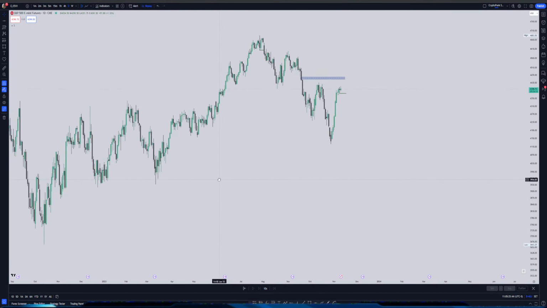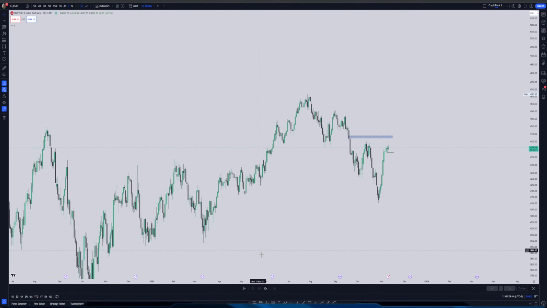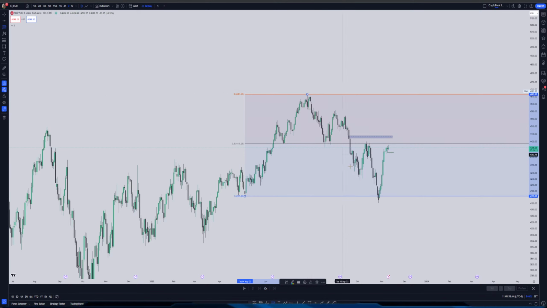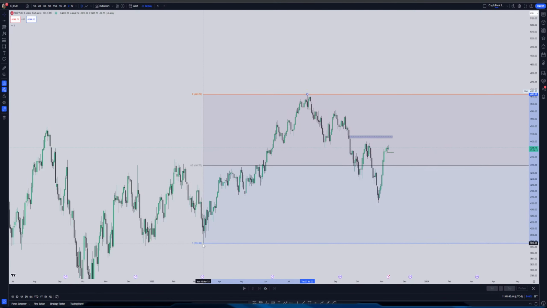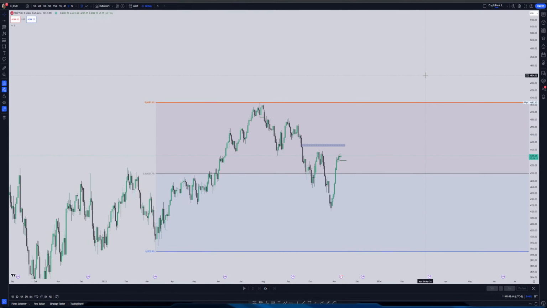Okay, but I don't know if this is a move or not, because if you look how far price came, this is how far it came. Now if you don't want to take this low, let's take this low. How far did it come? It came into the discount. Now I wanted to talk about this thing, that's why I'm actually showing you all this.